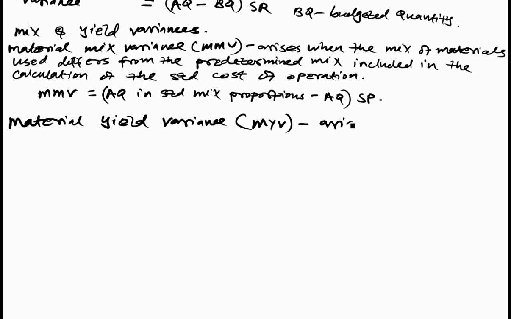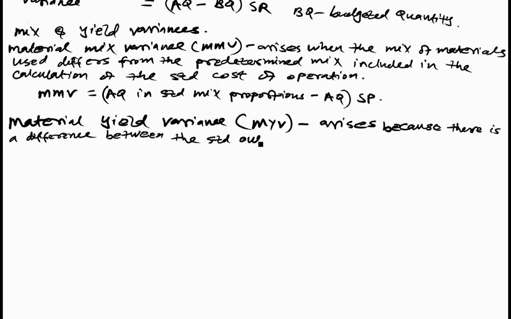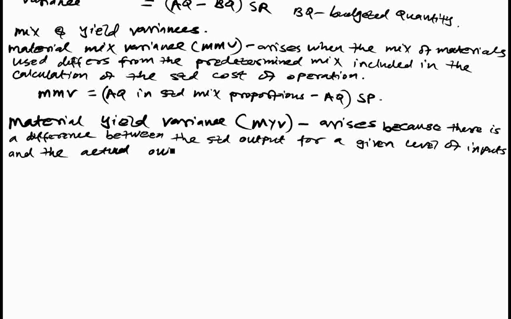It arises because there is a difference between the standard output for a given level of inputs and the actual output attained.